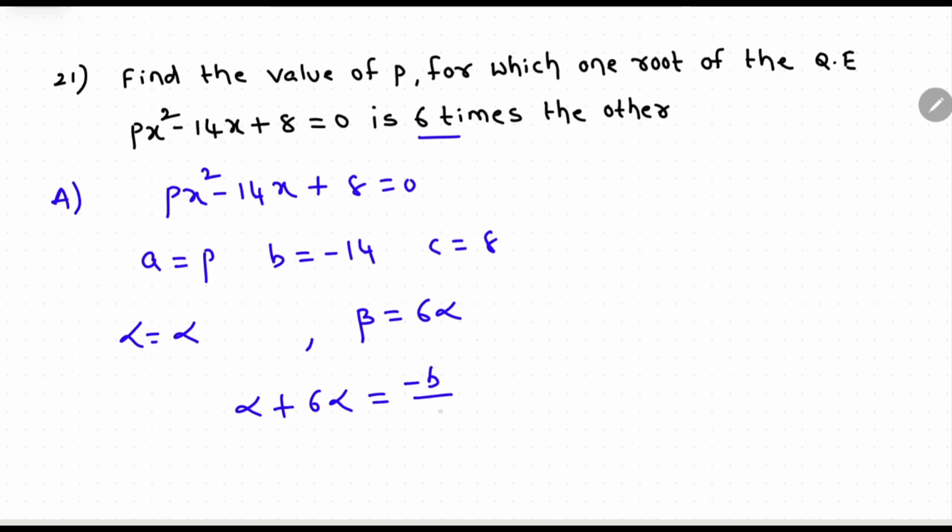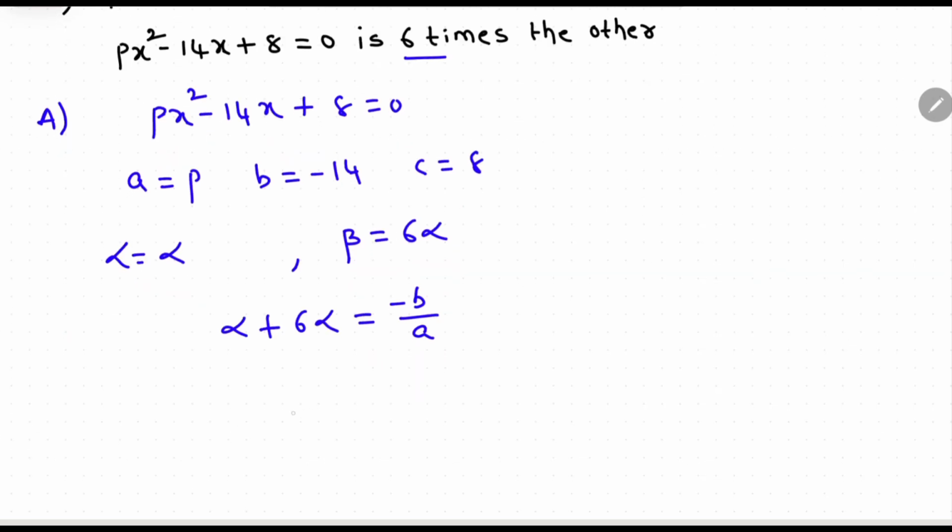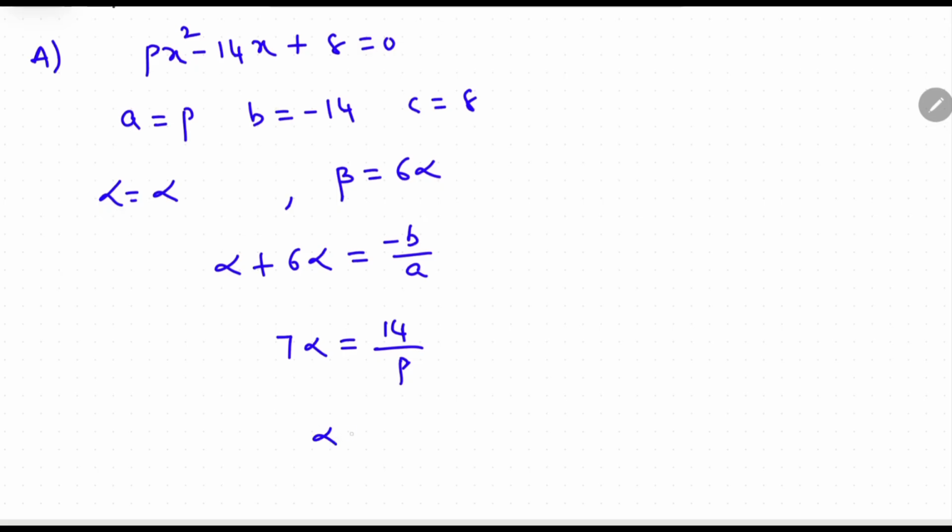Minus b by a. So 7 alpha equals to minus b, therefore minus of minus 14 will become 14 by, what is the a value there? P. So alpha will be equal to, 7 once is 7, 7 twice is 14, so 2 by p. We got alpha value as 2 by p.